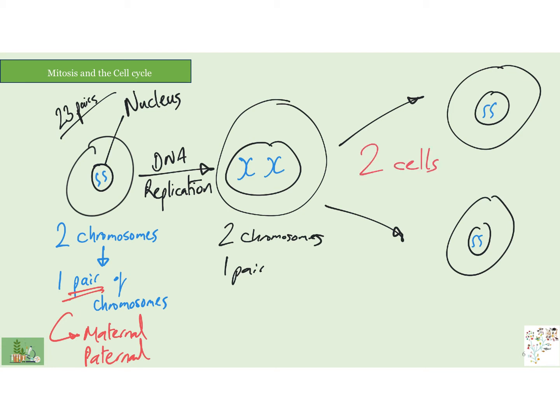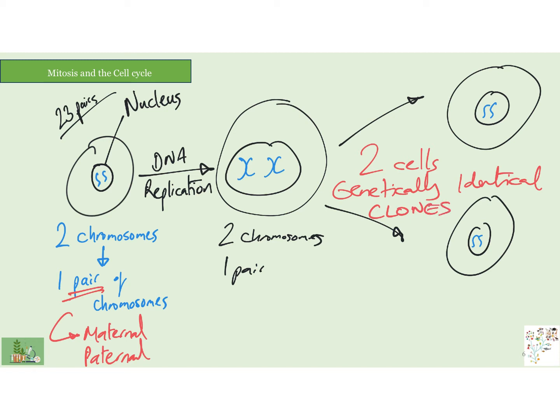To do better than that, we can say it produces 2 genetically identical cells. We could also use this word, it produces clones, which are genetically identical cells.